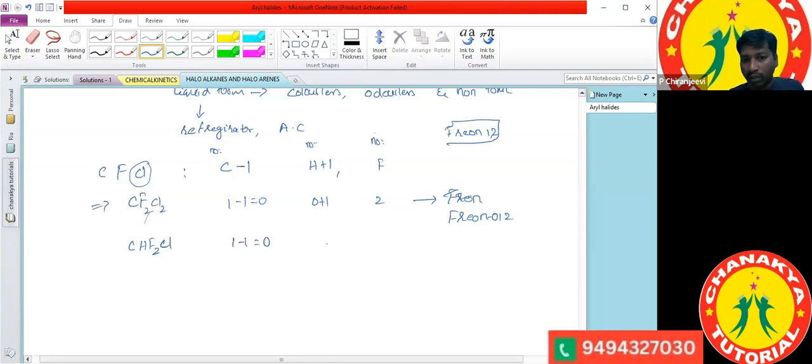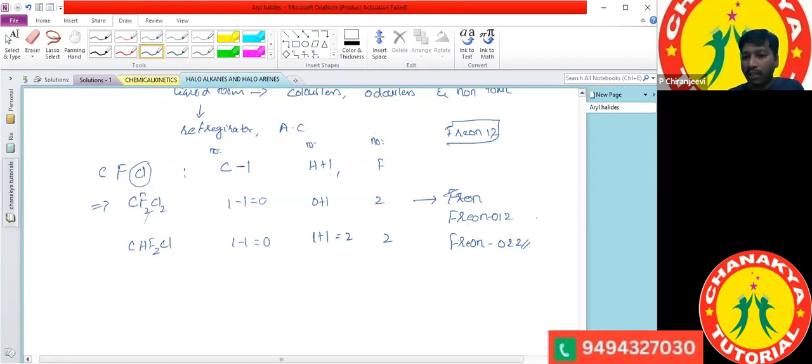Number of hydrogens: already one hydrogen atom is there, so 1 plus 1 is equal to 2. Number of fluorine atoms: 2 are there. Then the name of the compound is Freon 022. Freon 022 is the compound name.